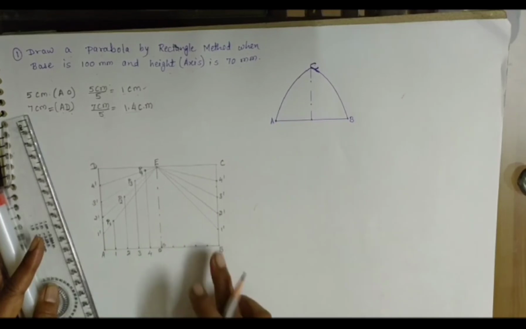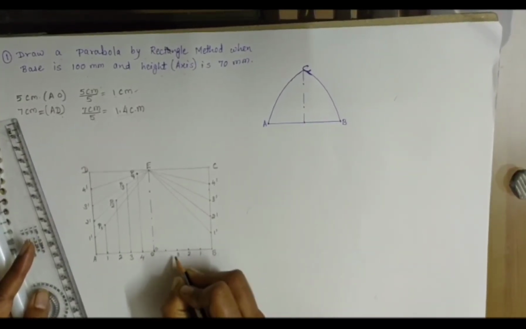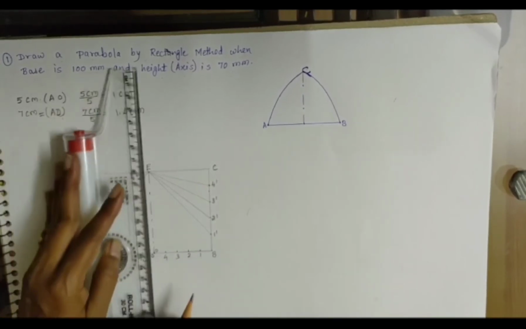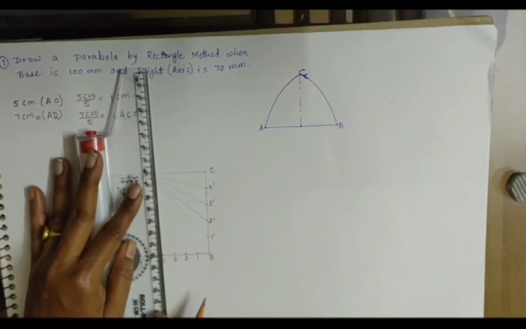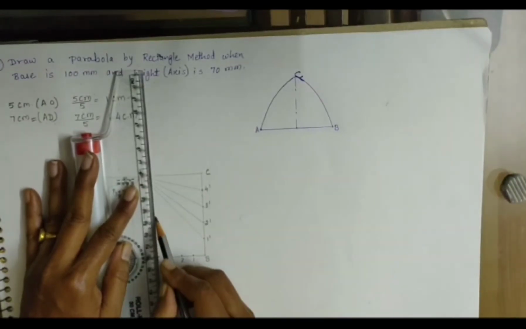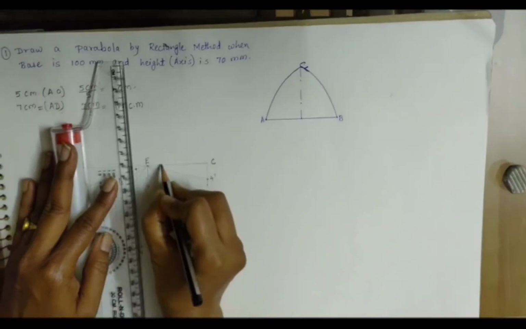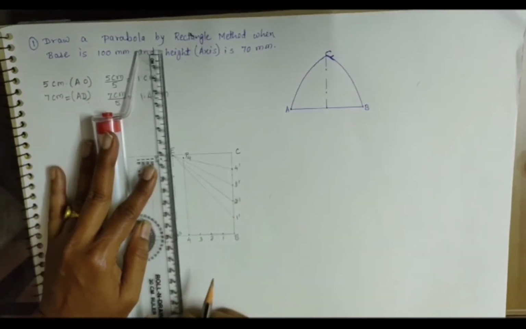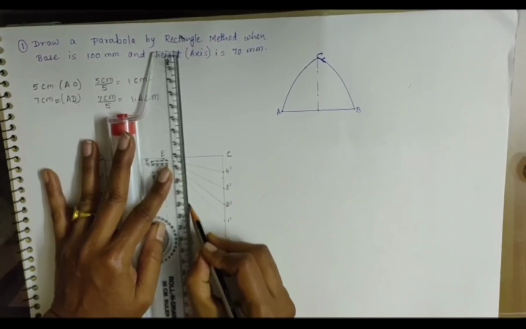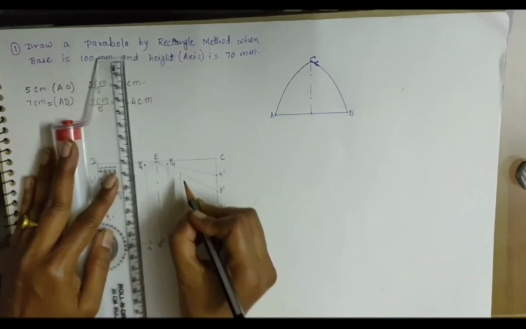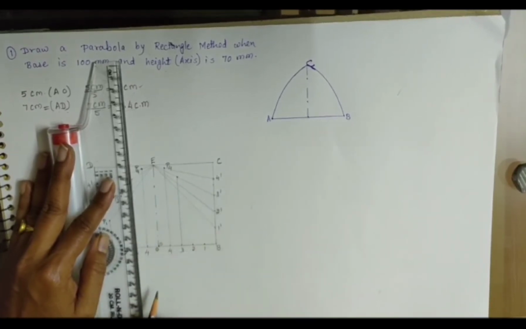The same way we will adopt on the right hand side. Again we will draw a perpendicular line from 4 and meet 4 dash E at P4. Then again a perpendicular line from 3, which will meet the 3 dash E line at P3.